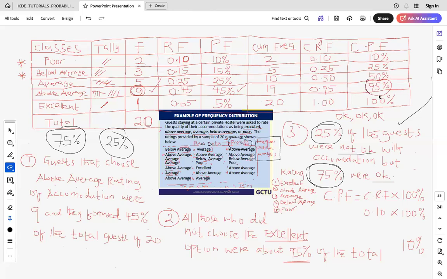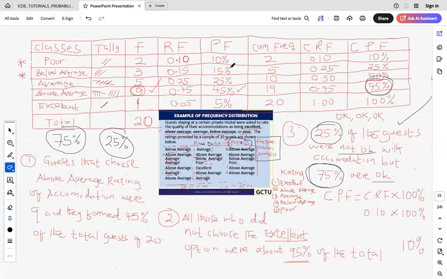Right, that is at 95%, which means it's only 5% who chose excellent. So exactly. I'm saying that, if you want to choose those who did not choose, let's say, below average, are you going to select 25% for that?